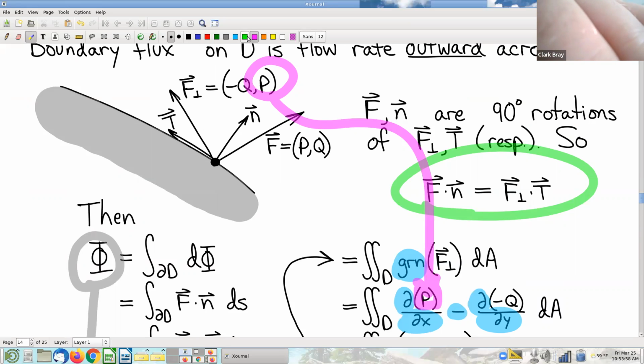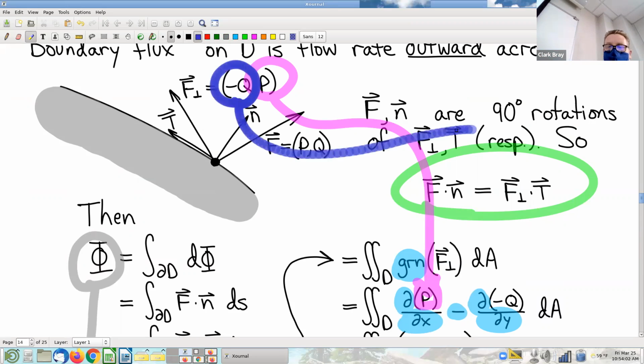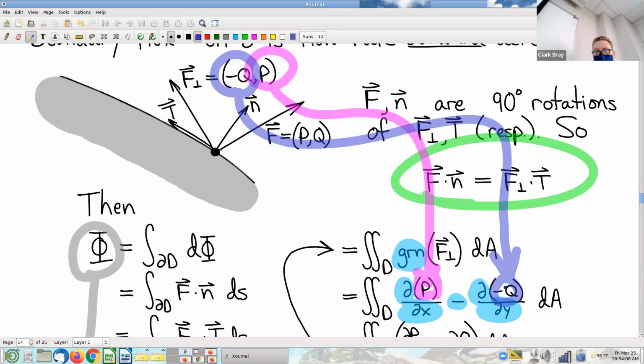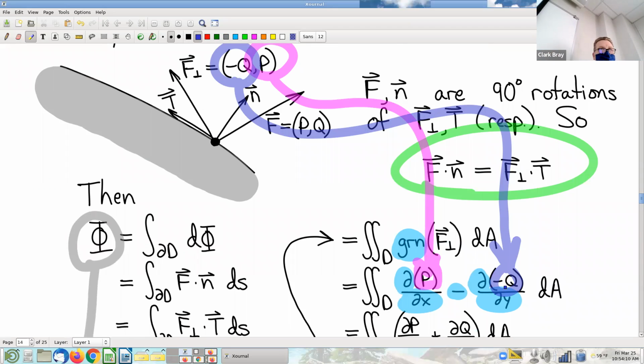And then minus the y partial of the first component of the vector field. The first component is minus q. Yeah, everybody good? So ultimately, it's just the standard formula for Green's operator, rotation, curl, whatever you want to call it.